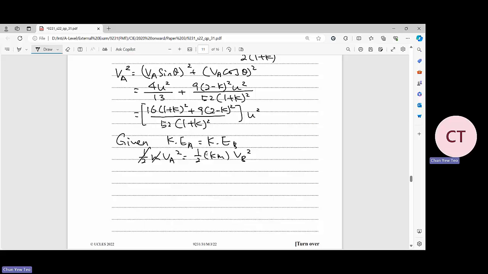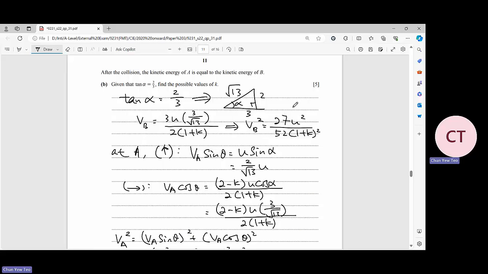The half m cancel. So the VA square is what I stated earlier. Then the VB square is K of the VB square.